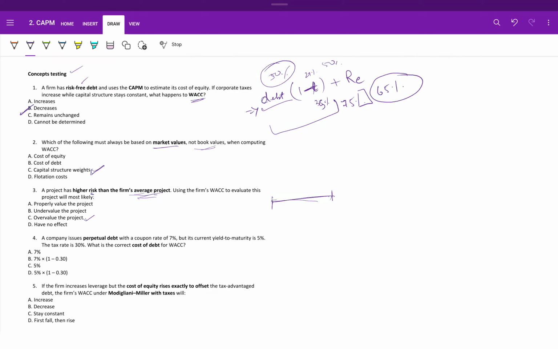Why? Because the discount rate would be too low for the weighted average cost of capital. And if it's lying somewhere here, the discount rate would be low and we will be overvaluing the project in these kinds of situations, which would be wrong.